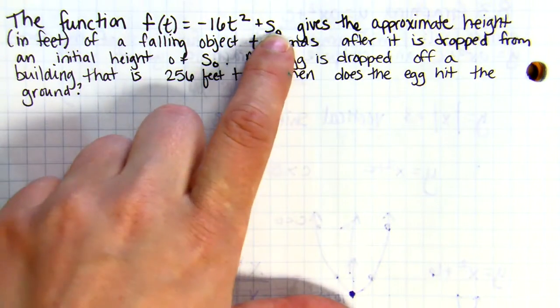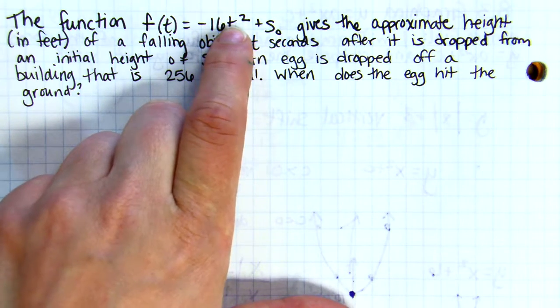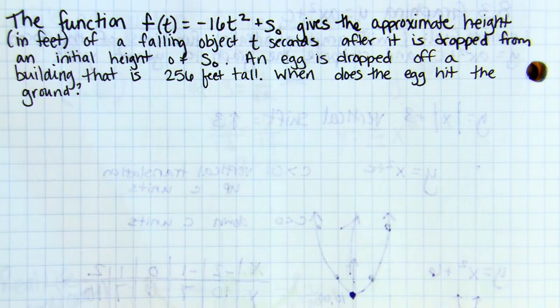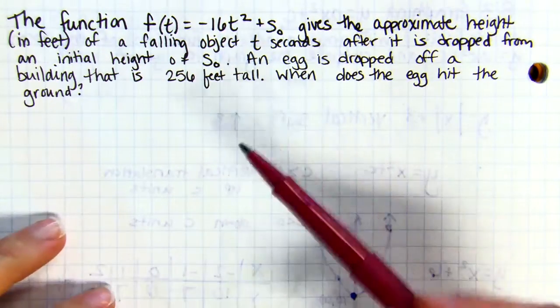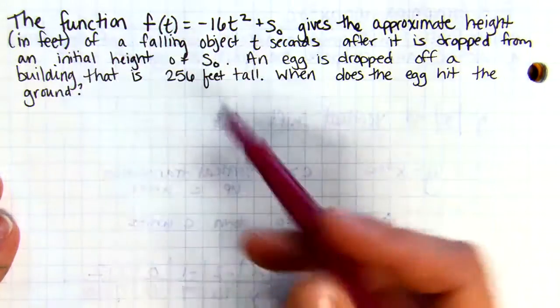So this represents how high the object is when you drop it. T represents how many seconds have gone by after dropping it. We want to know if an egg is dropped off a building that's 256 feet tall, when will the egg hit the ground? So this might seem like a weird thing to have in this chapter, but we can model this with a parabola, actually.